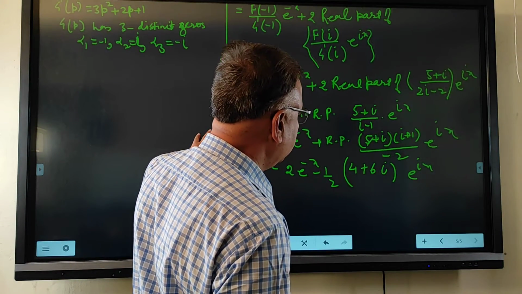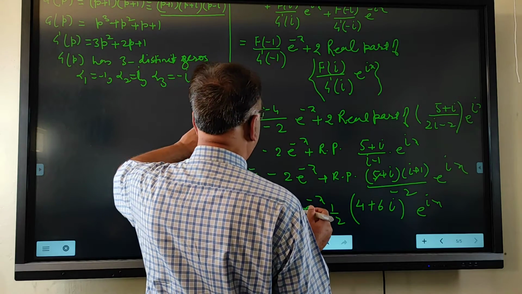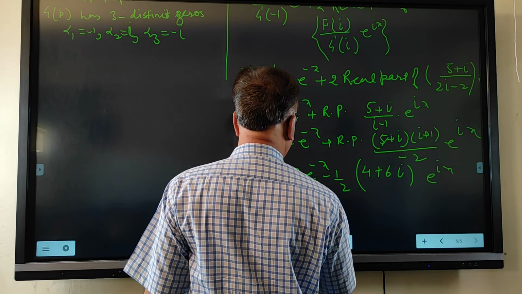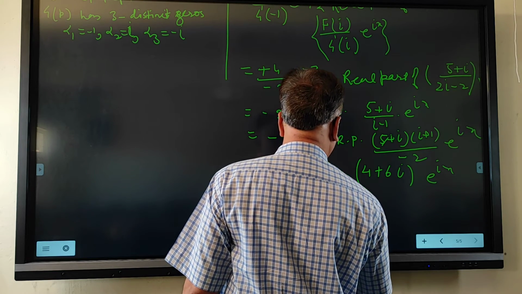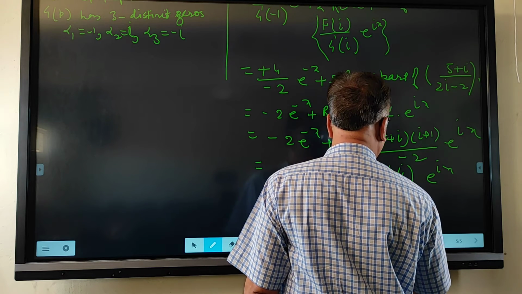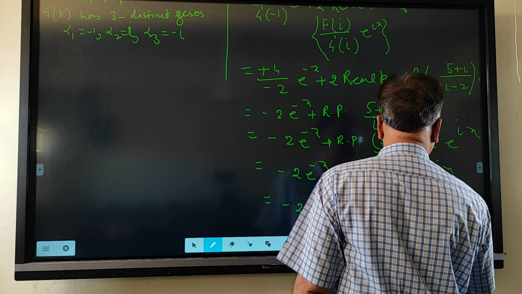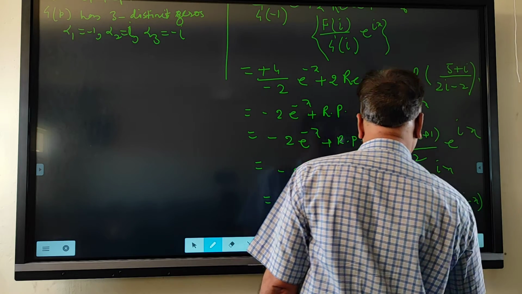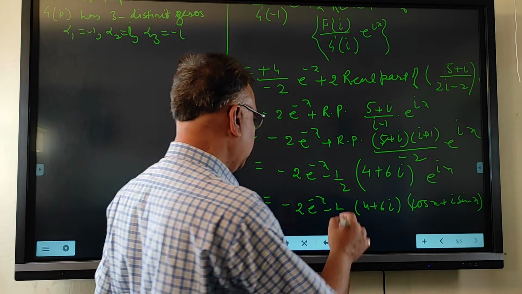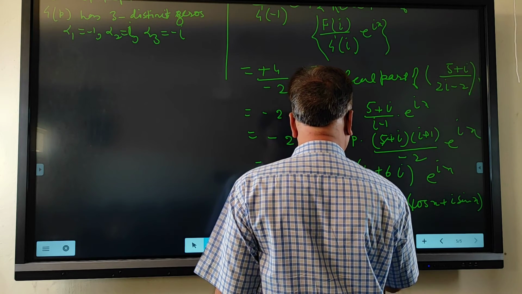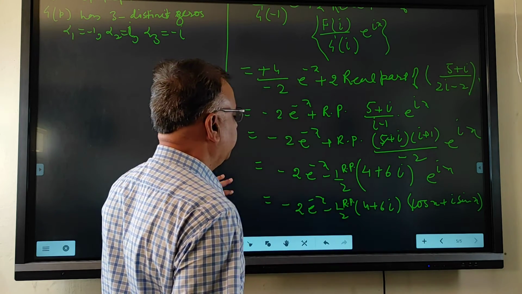Now if we put the value of e^(ix), then we get 2e^(−x) minus 1/2 of (4 + 6i) into (cos x + i sin x), taking the real part of this one.